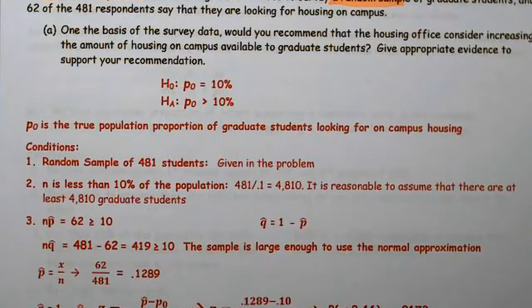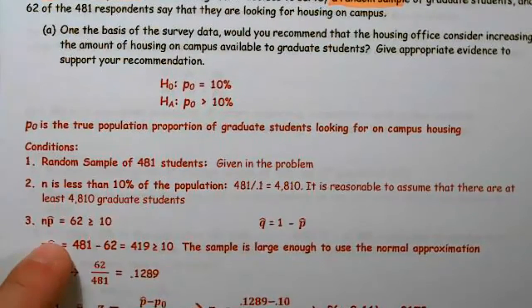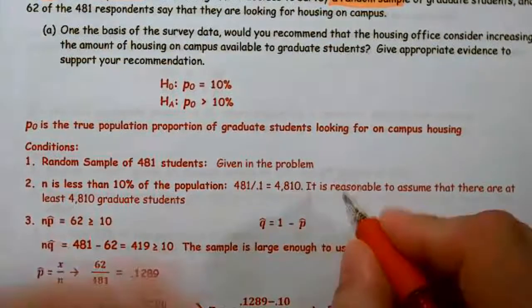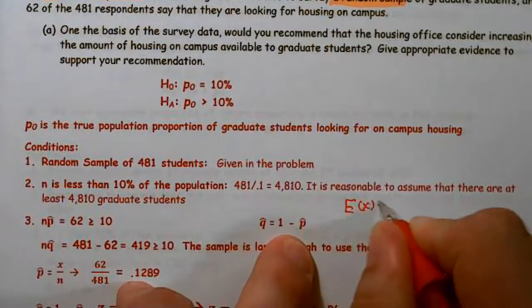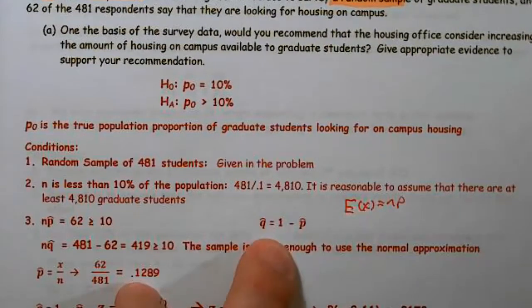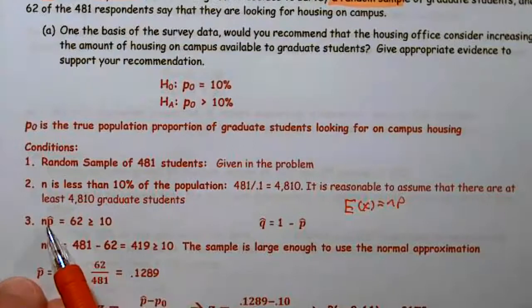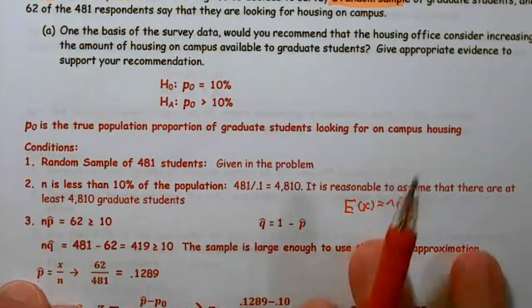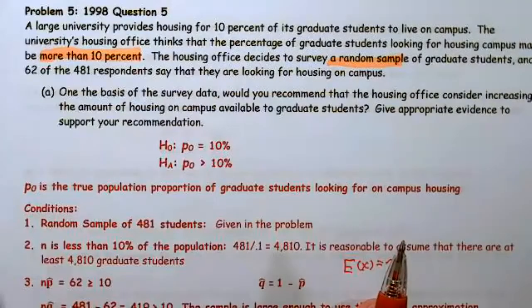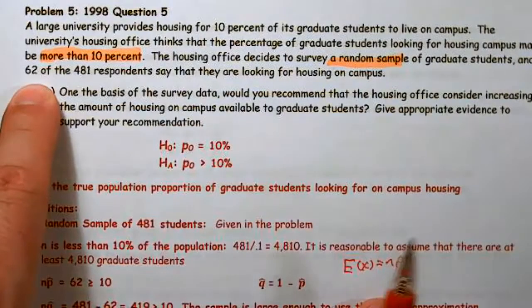Then I need to talk about NP and NQ, which is basically, is my sample large enough to use the normal approximation? NP should look familiar to you, because when we talk about the binomial, the expected value is NP. So this is essentially how many people out of 481 would we expect? But we don't have to expect in this case, because they didn't give me a percentage, they told me how many people.